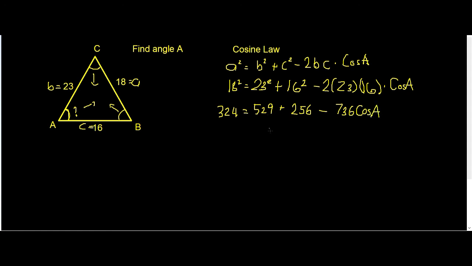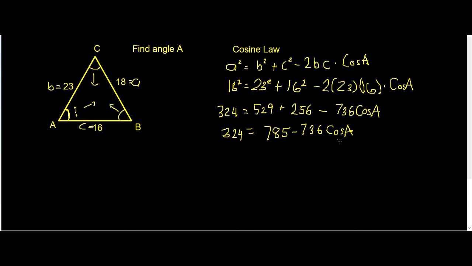Now, add. Meron kang 529 plus 256, 785 minus 736 cosine A. You don't need to subtract 785 to 736 because ang 736 kasama niya pa yung cosine A. Imagine niyo yung cosine A is variable.